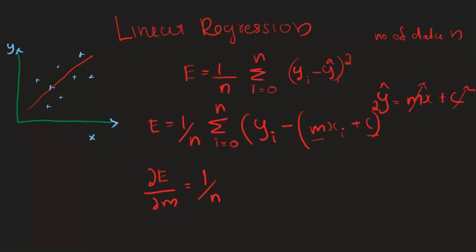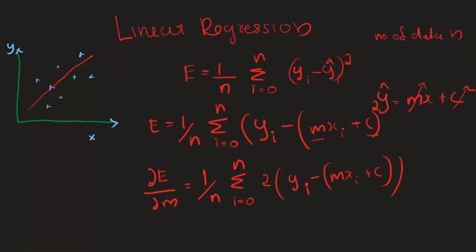I'm going to apply the chain rule here, sigma i equal to 0 to n. By applying the chain rule, we take this whole thing as one and apply differentiation, so this 2 will come here: 2 into (y_i minus (m x_i plus c)), and then take the derivative of the inner part.